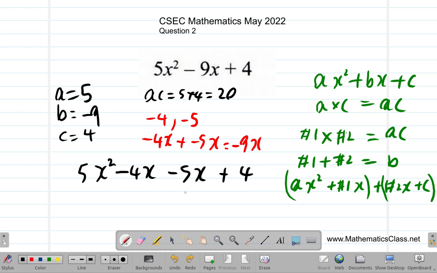Now what were you supposed to do now? You're supposed to factorize these two parts of the expression. 5x squared minus 4x. What are the common factors? What can go into 5 and 4 without leaving a remainder? In other words, what is the highest common factor? It's 1.